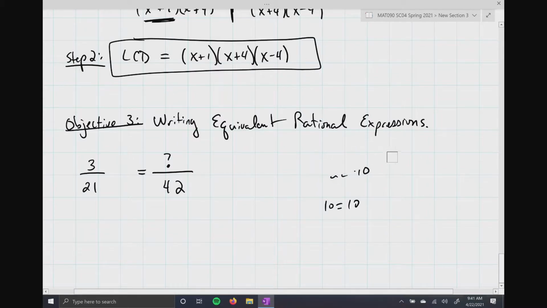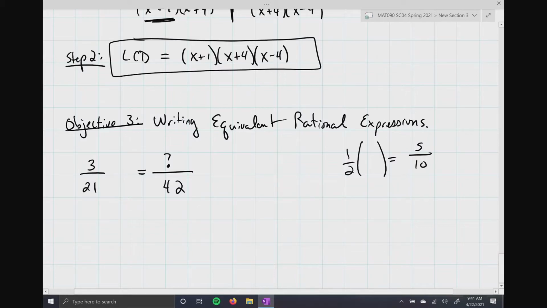Another way you can do this is you could take one fraction and try to build the other fraction. Now, in order for 1/2 and 5/10 to be equivalent, there's only one number that I'm allowed to multiply any number by and still get an equivalent result. And what is that number? Does anybody remember?